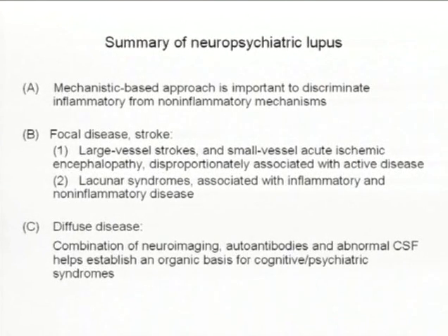And the dilemma is these lacunar syndromes, which could be associated with either inflammatory or non-inflammatory disease. No good way of telling. When we deal with diffuse syndromes, a combination of neuroimaging, neuroantibodies and abnormal CSF helps to establish whether there's an organic basis for these syndromes.